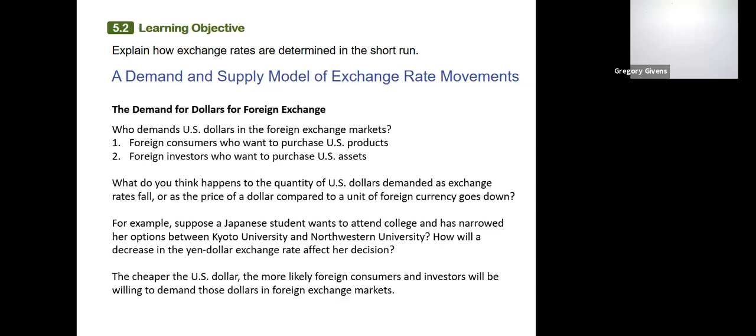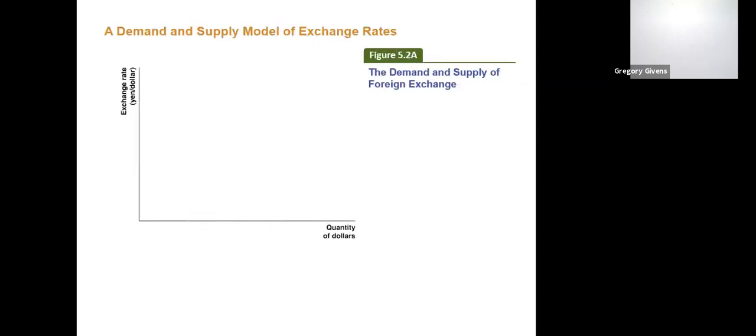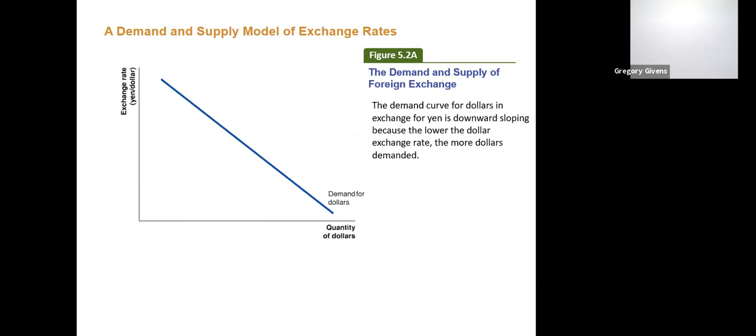Okay, let's put these two things together to analyze what's going to happen in equilibrium. So you'll be expected to understand and be able to apply this pretty straightforward model. The particular good that we are modeling the supply and demand of is essentially the quantity of US dollars that are available for exchange into some foreign currency, in our example, yen.